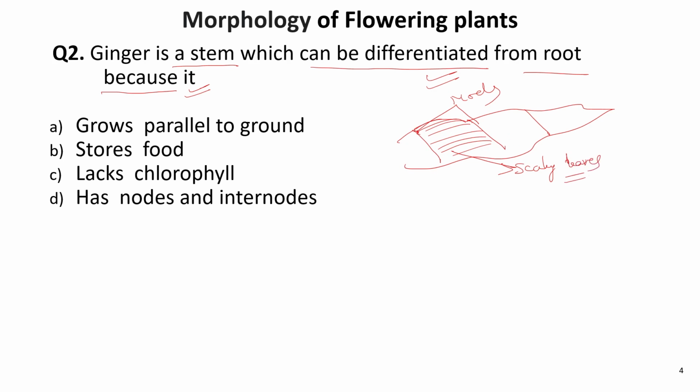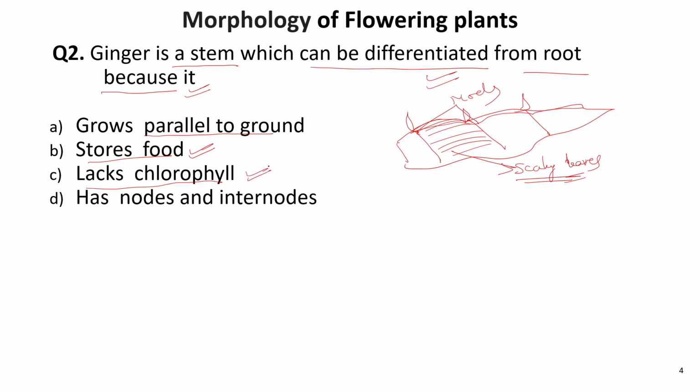From the nodes we can see small plants arise. The rhizome generally grows parallel to the ground. In the case of ginger, yes, the rhizome stores food material. They lack chlorophyll. They do bear scaly leaves, but they are light brown in color. They do not possess chlorophyll.